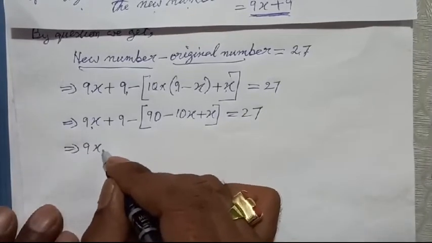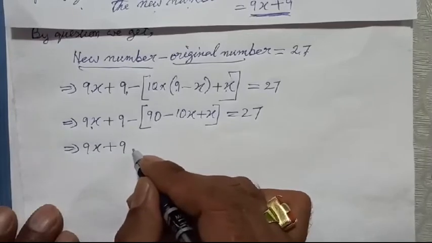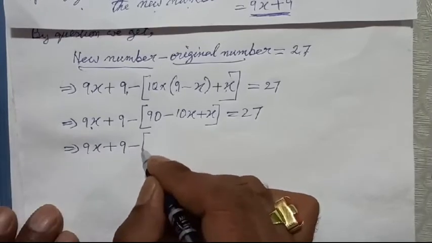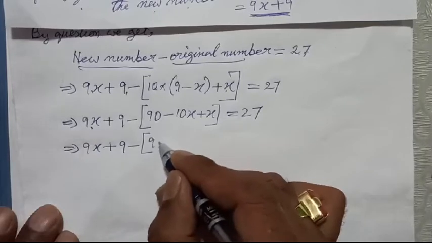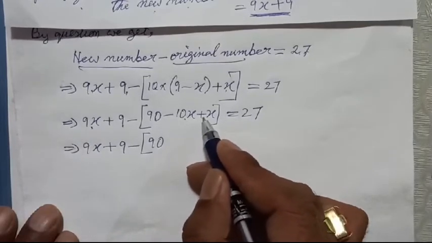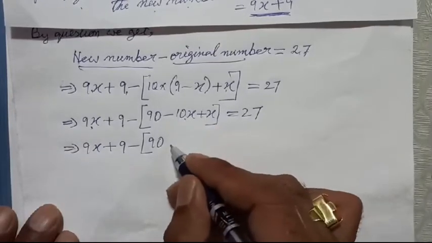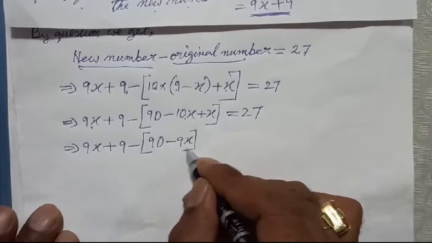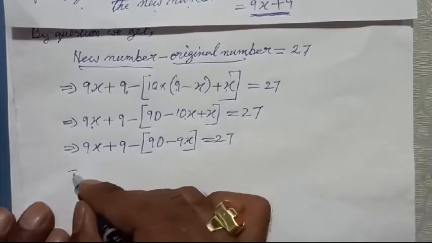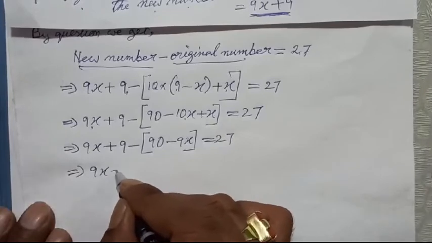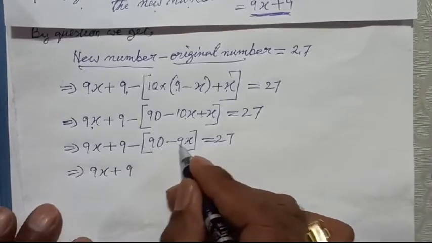9x plus 9 minus 90 minus 10x plus x. If we subtract, we will get minus 9x, equals 27. 9x plus 9, let's leave this bracket.